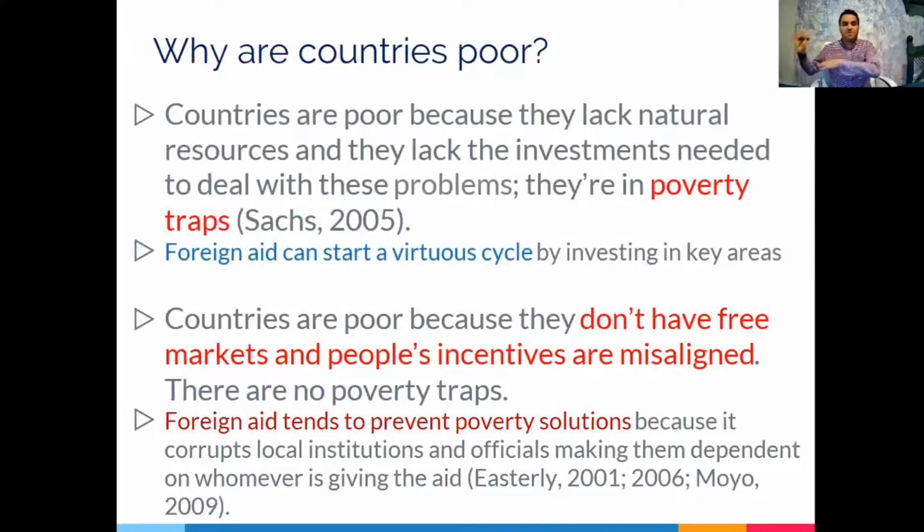Then you have the opposite side of the spectrum, in which there are others who believe that countries are not necessarily poor just because of poverty traps, and that essentially what you don't have is the alignment of incentives of the different people or factions of society, whether they are firms, consumers, the government, or different ethnic groups.